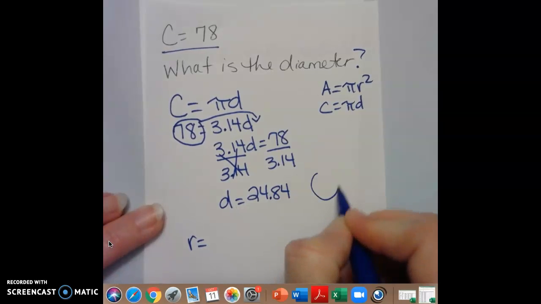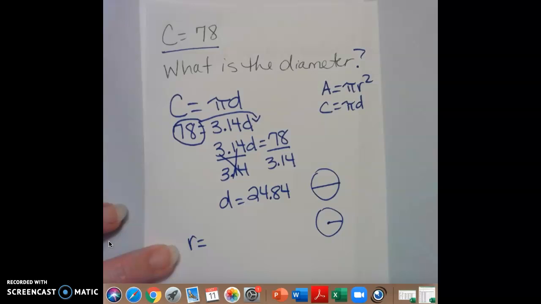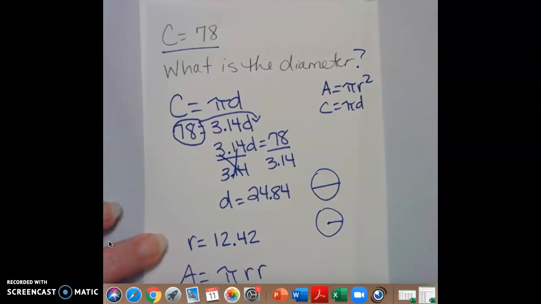We know that if the diameter is all the way across, remember radius is halfway. So I could divide that by 2, and that would tell me my radius is 12.42. Well, from there, if I wanted to, I could turn around and find the area, which is pi r r.